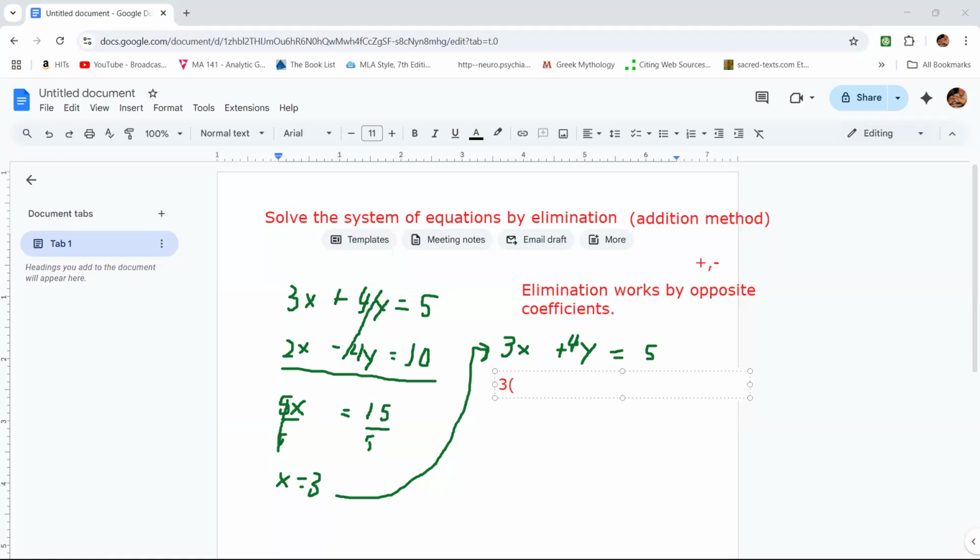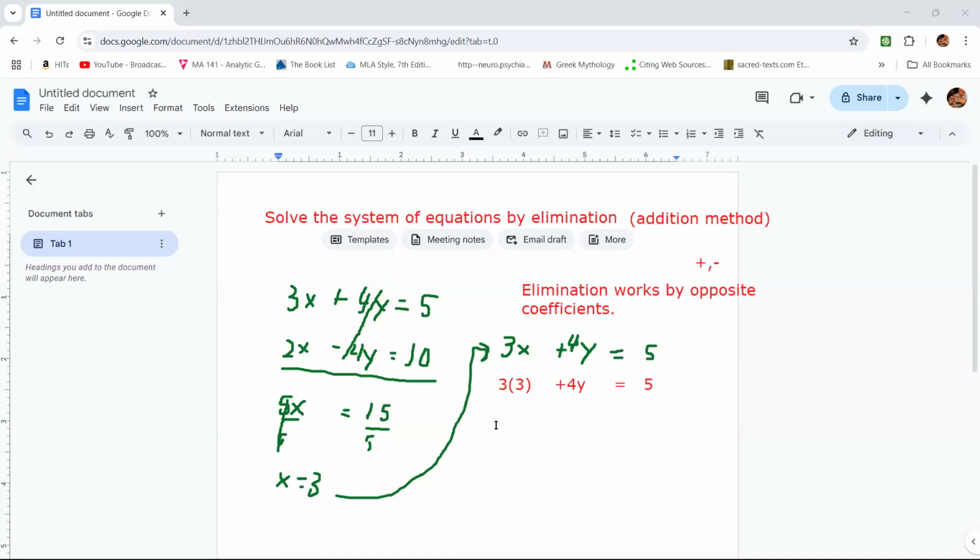I'm going to use the parentheses to mean multiplication, times 3. So this 3 that's in parentheses is the 3 that I got for x. So 3 times 3 plus 4y equals 5.